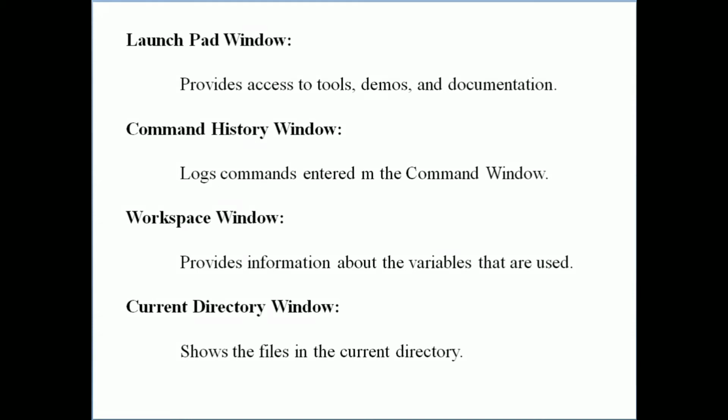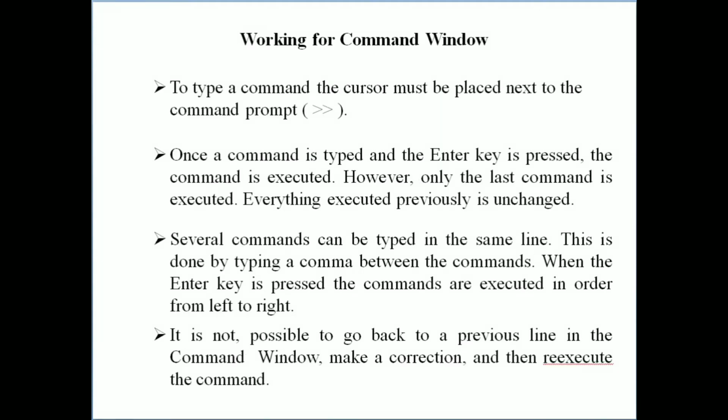Command history window contains the log of commands entered in the command window. Workspace window provides information about the variables that are used by the user. Next one, current directory window. It shows the files in the current directory.